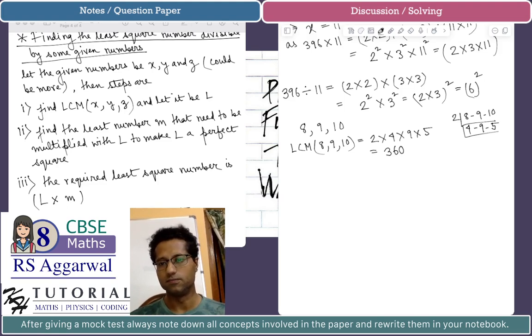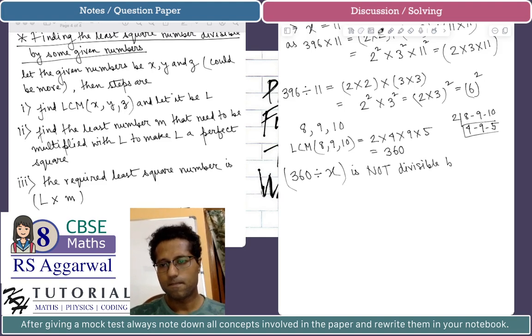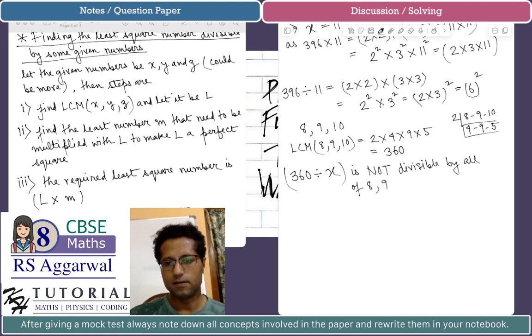We have found the LCM 360. Now if you divide 360 by some x where x is greater than 1, this number is not divisible by all of 8, 9 and 10.